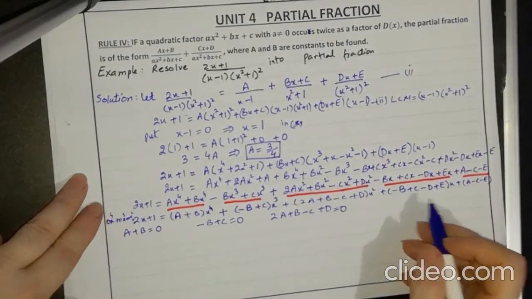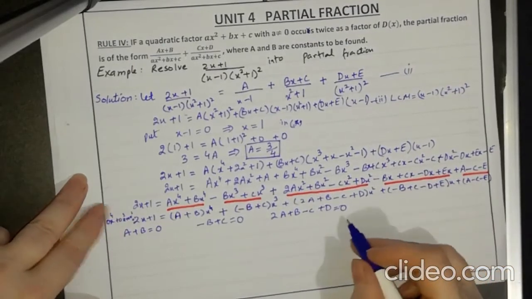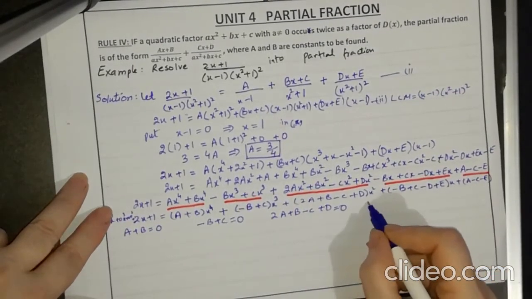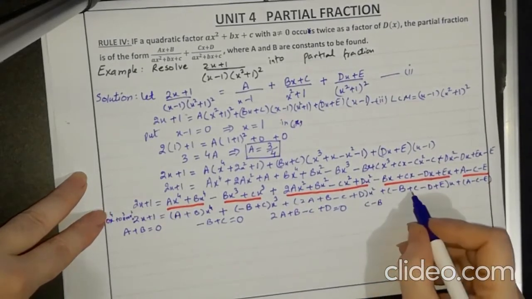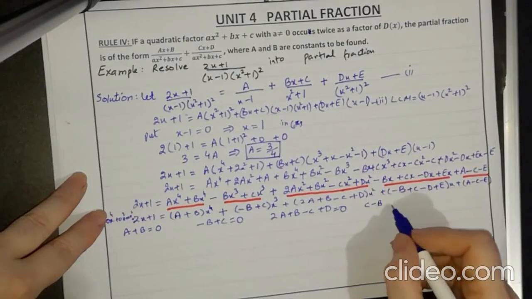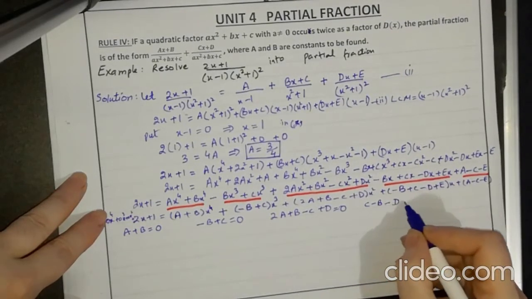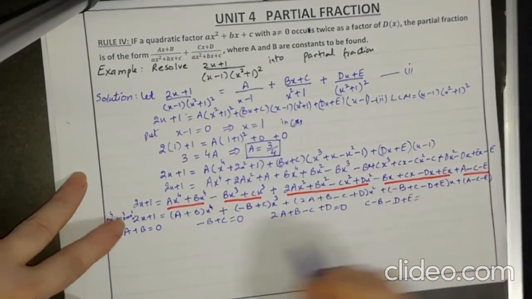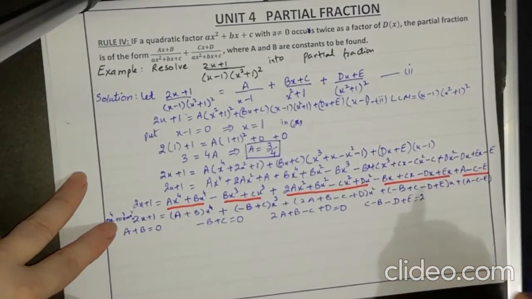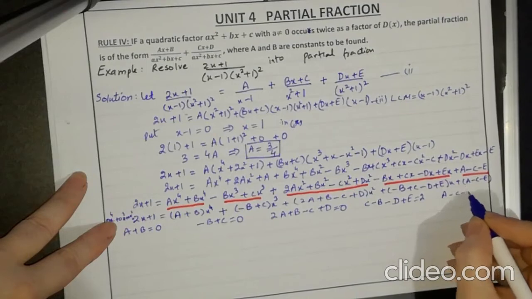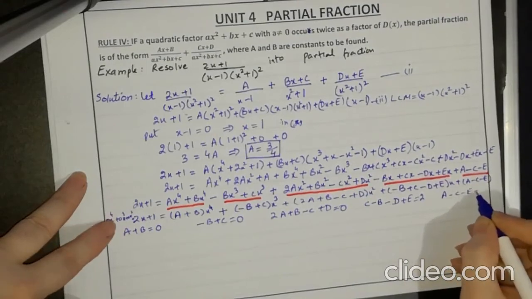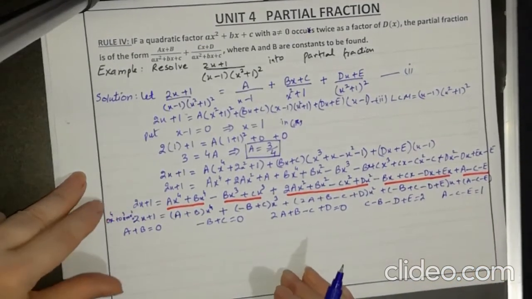Now comparing the coefficient of x: c minus b minus d plus e is equal to 2. And then the constants: a minus c minus e is equal to 1.